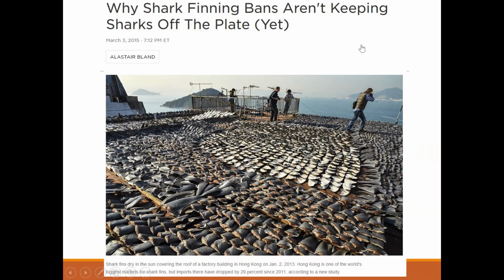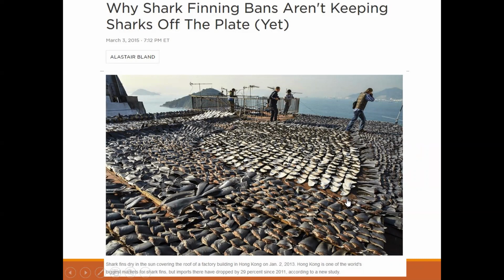It is more profitable to just take their fins, particularly the dorsal fin, which is the one on their back. So people who practice shark finning catch the shark, cut off the fin, and then drop the shark back into the water, and it is no longer able to swim, so it sinks to the bottom of the ocean. Without the movement, it's not able to get oxygen out of the water, and it suffocates and also bleeds.